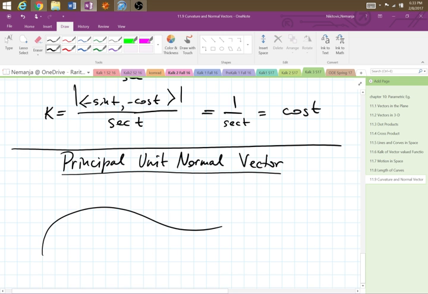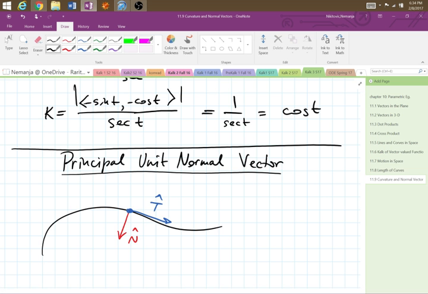So for the curve, we said that we're going to have at the point the unit tangent vector, but then we're also going to have the unit normal vector.